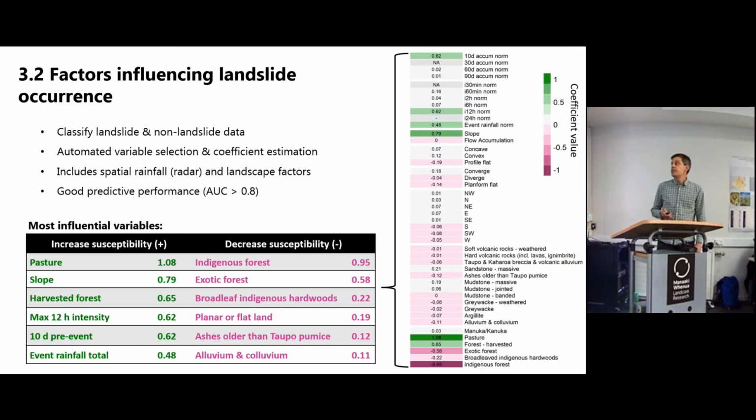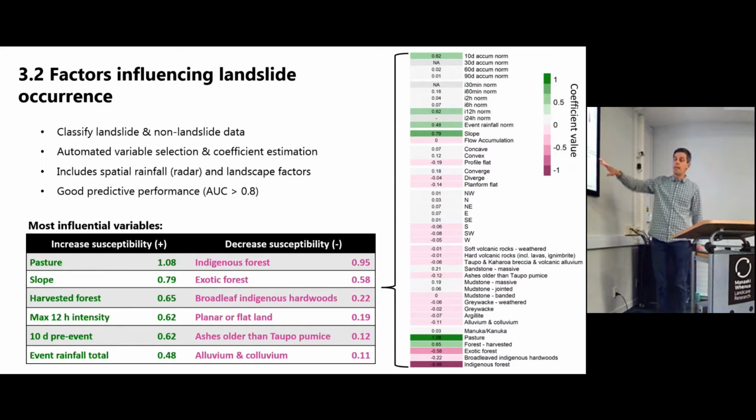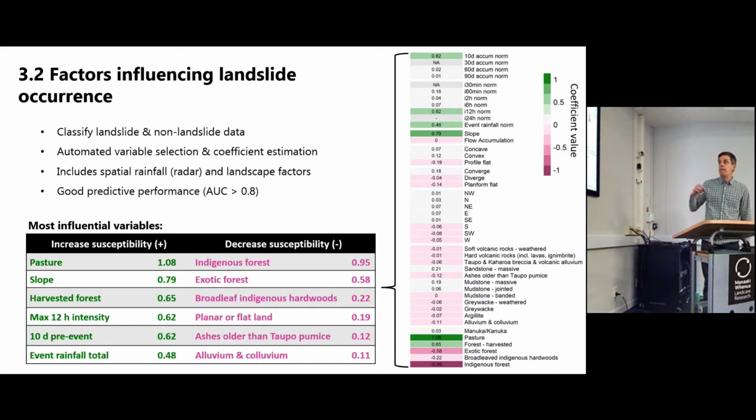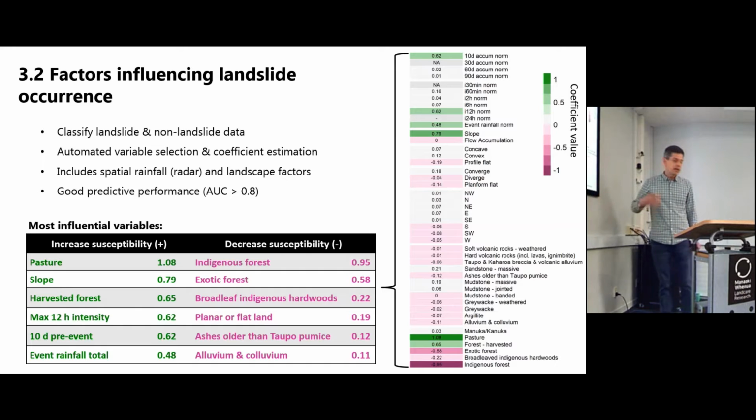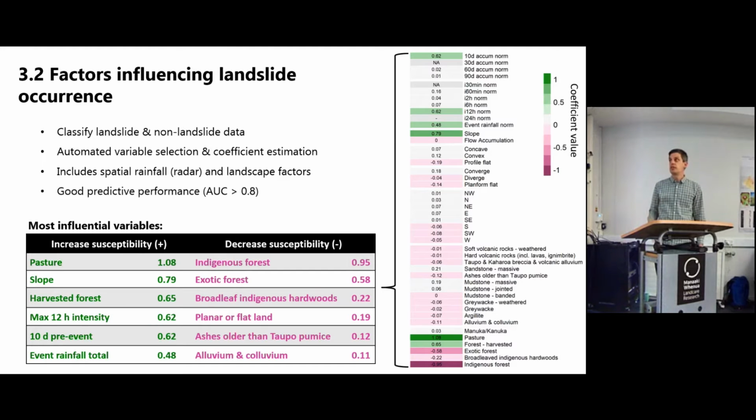And we've got good model predictive performance, and the model allows us to fit a bunch of coefficients. These are based on standardized variables, and we can compare these values and rank them, and they give us a measure of the relative influence of those variables on the presence or otherwise of landslides. So a positive value increases susceptibility, a negative value decreases susceptibility. Now, unsurprisingly, certain factors come through very strongly, which was no surprise to us and shouldn't be a surprise to you. Presence of pasture, for example, increases susceptibility. Likewise, steeper slopes correspond with increased susceptibility.